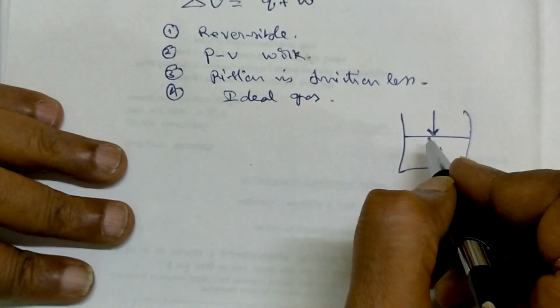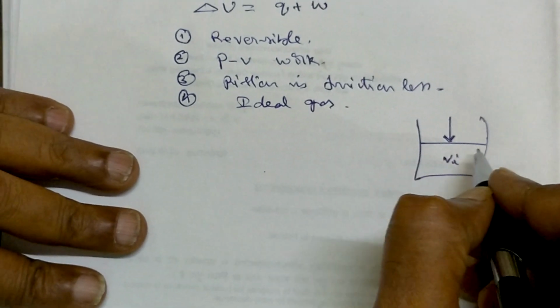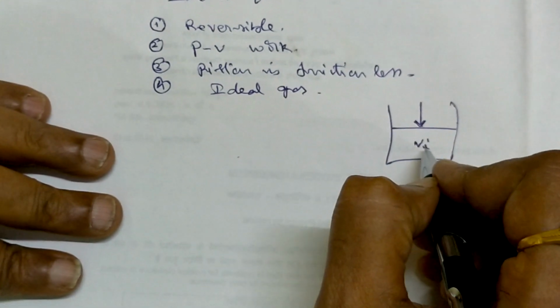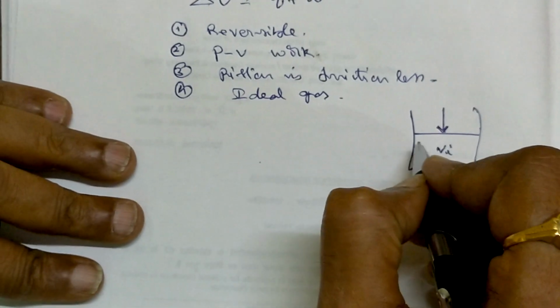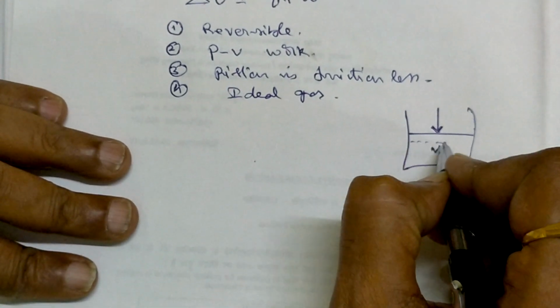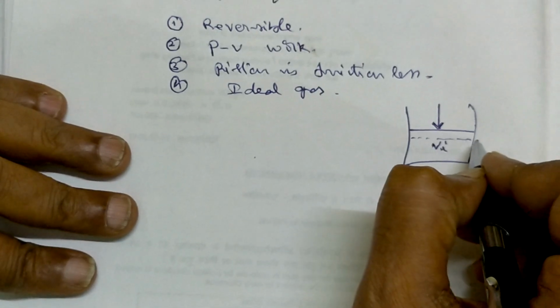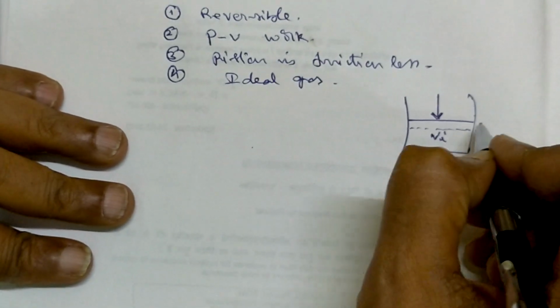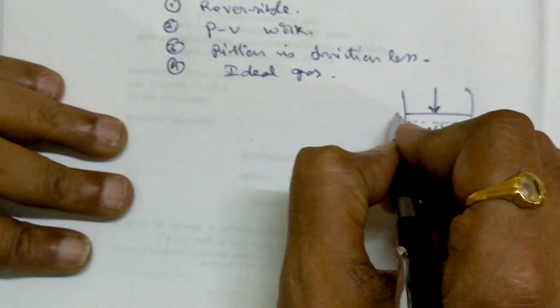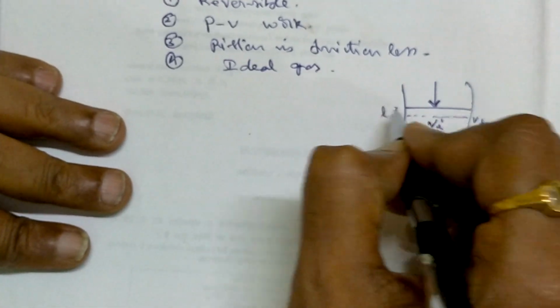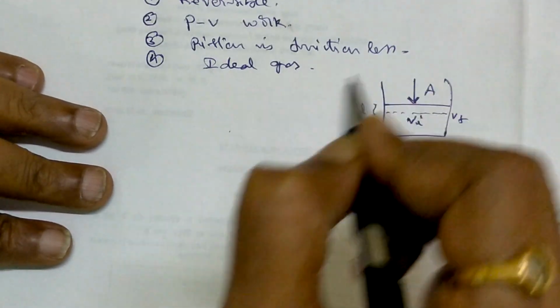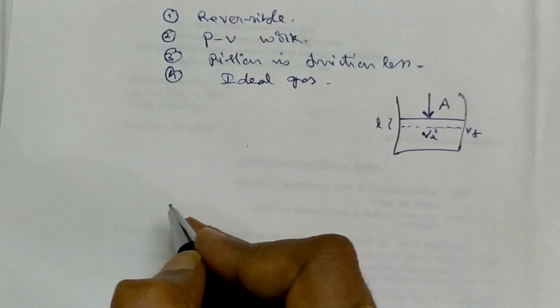Here I am taking a compression. So initial volume is V1 or Vi. Final volume after compression is V2 or Vf. Then the piston travel is L, and piston area is A. These are the assumptions for this work.